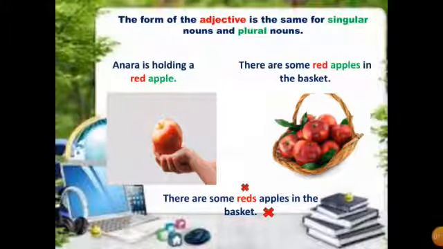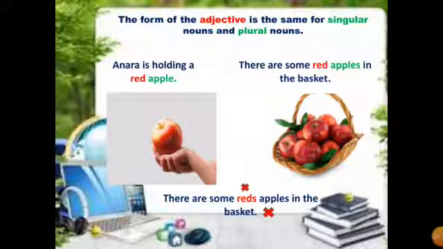The form of an adjective is the same for singular and plural nouns. For example, Anara is holding a red apple. There are some red apples in the basket. Pay attention to the next example.